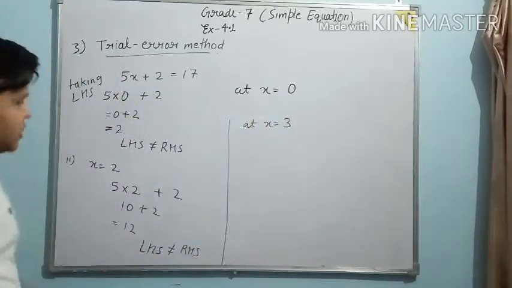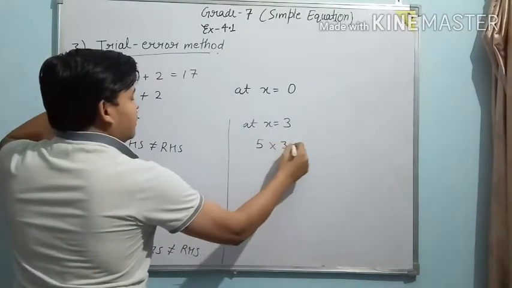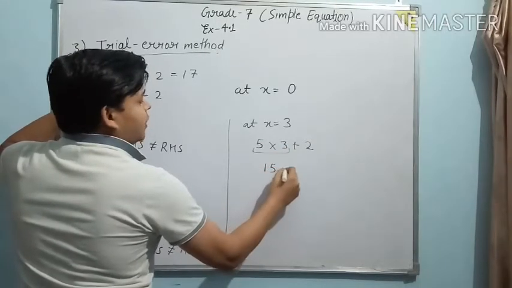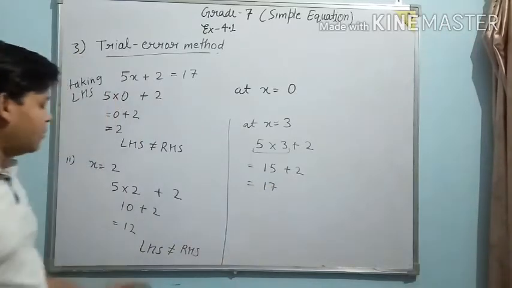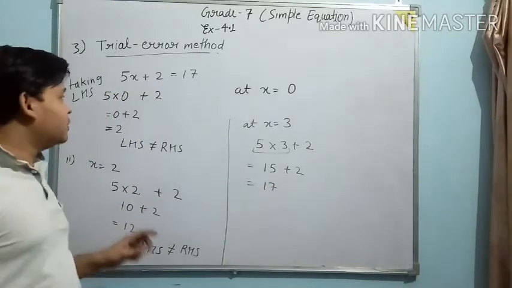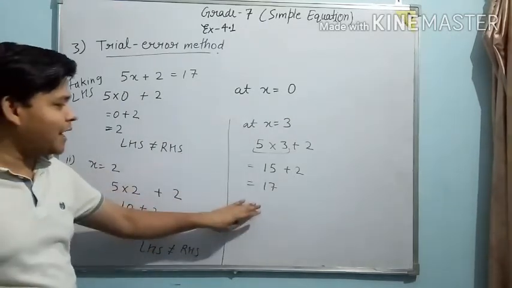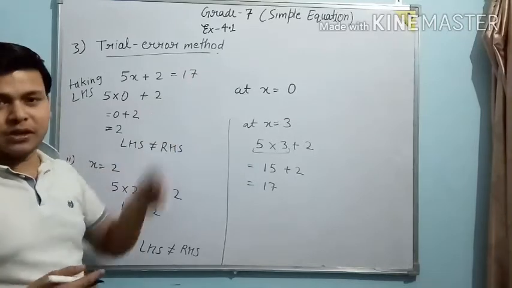So now you can take x is equal to 3. So let's put 3 here. 5 into 3 plus 2. 5 into 3 will become 15, and plus 2 is 17. So now I think we have proved that LHS and RHS both are equal. We solved the LHS, that is 17, and the RHS is also given to us as 17.